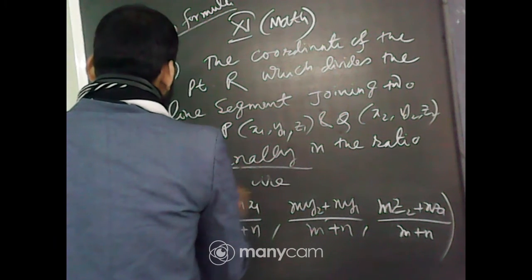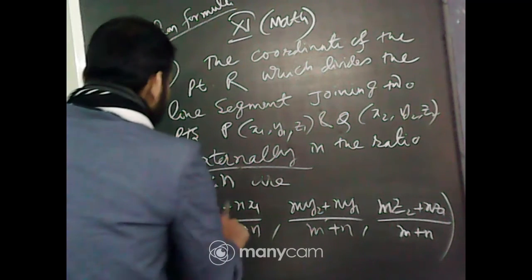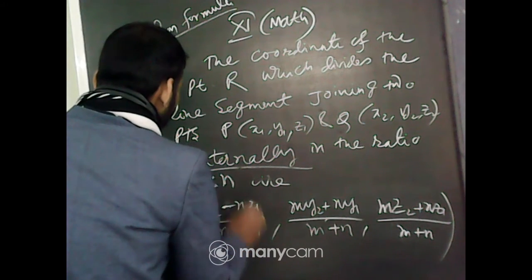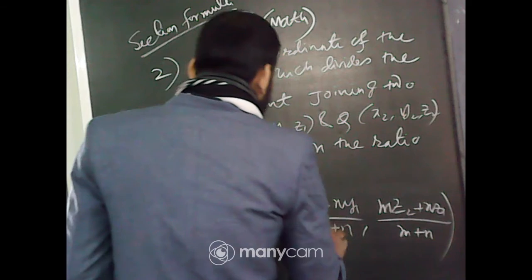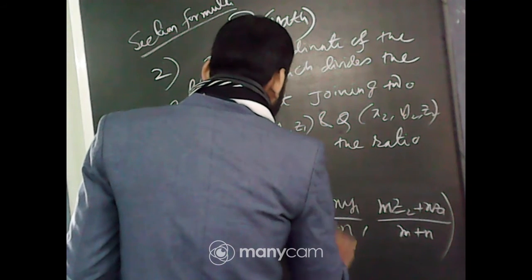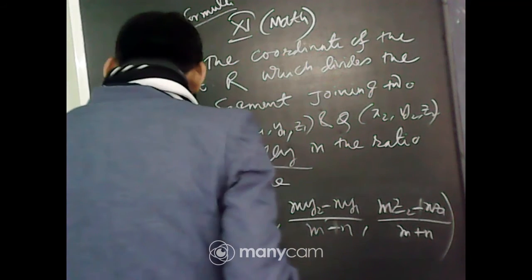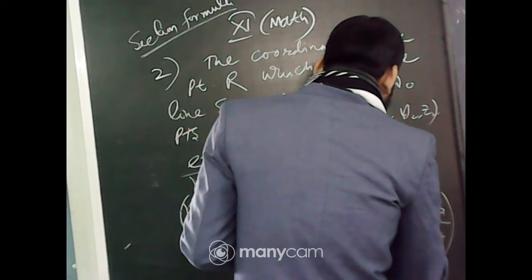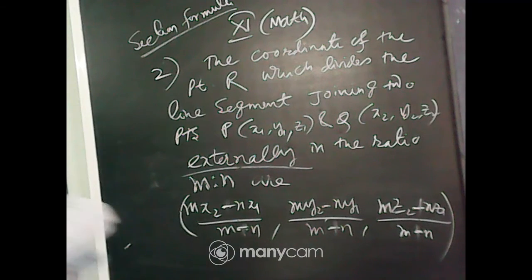In the ratio m is to n, then all pluses will be converted into minus: mx2 minus nx1 by m minus n, my2 minus ny1 by m minus n, and mz2 minus nz1 by m minus n. This is externally. R divides PQ externally.